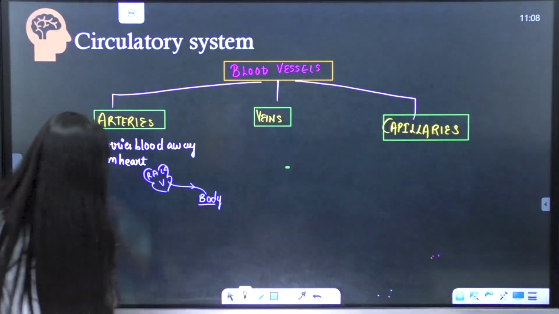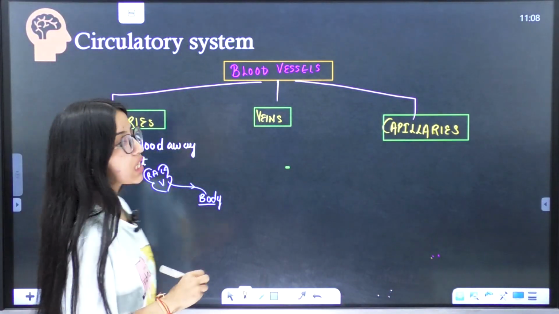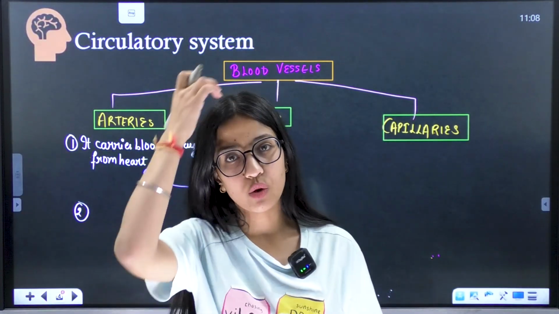So the arterial system in frog starts with conus arteriosus. Okay?